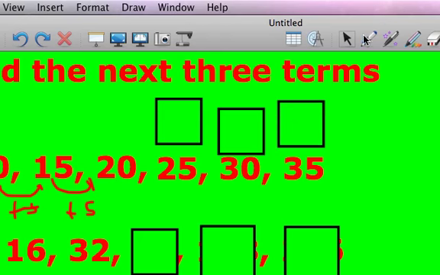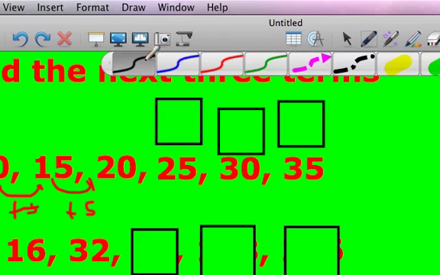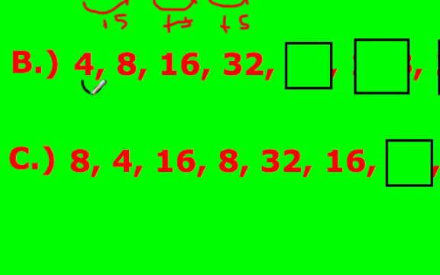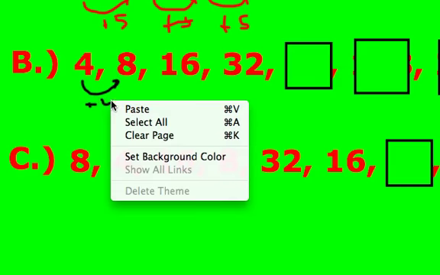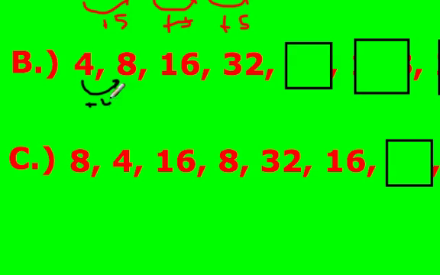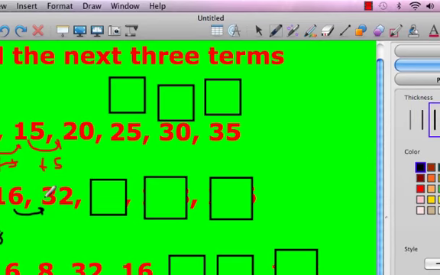This next one's a little bit more difficult because we haven't seen it yet, but you'll see it right away. So if I go from 4 to 8, I'm adding 4, of course. But then I go from 8 to 16, and I'm actually adding 8. And from 16 to 32, adding 16.